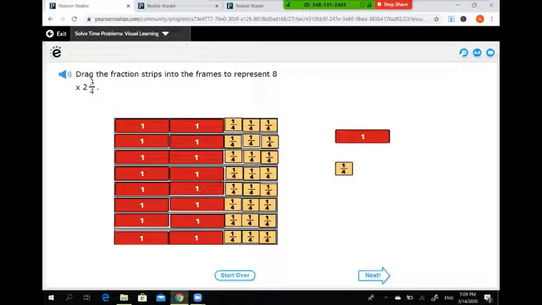Okay, here we have 8 groups, in each group 2 3/4. So in order to get the answer, you should multiply 8 times 2 3/4. And this shows you the fraction strips for 8 times 2 3/4.